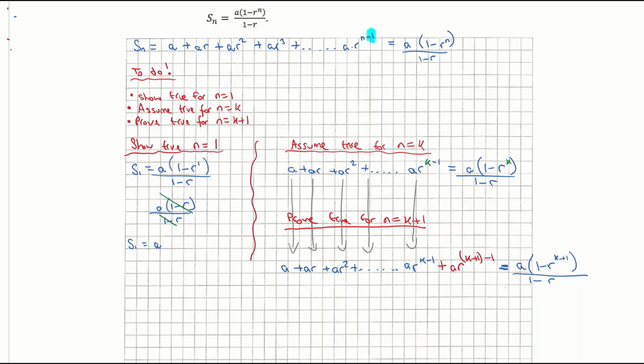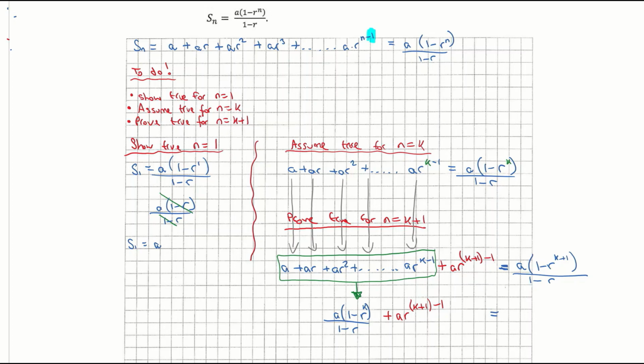So tidying it up, we've now assumed that this part, let's just box it off in green, that this portion is equal to a times 1 minus r to the power of k all over 1 minus r. Again, I'll just arrow it down, it's coming from here. That's our assumption from up above, so I'm using that assumption here in my proof. And I'm going to add on my additional part, a r to the k plus 1 subtract 1. And again, that's going to hopefully equal the right hand side.